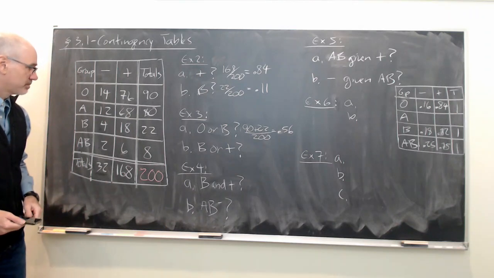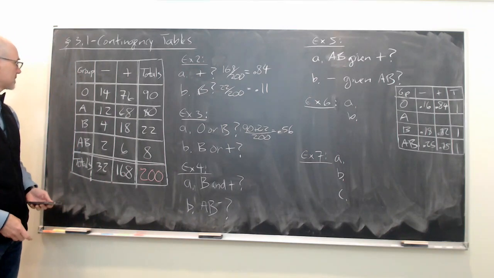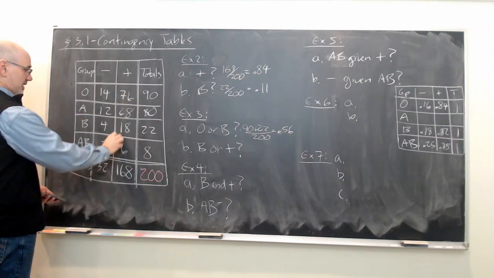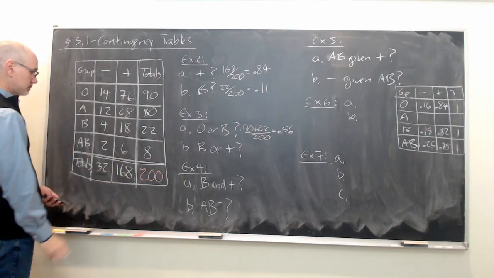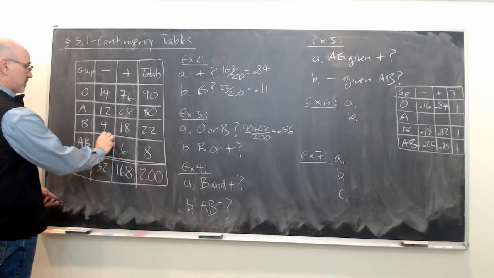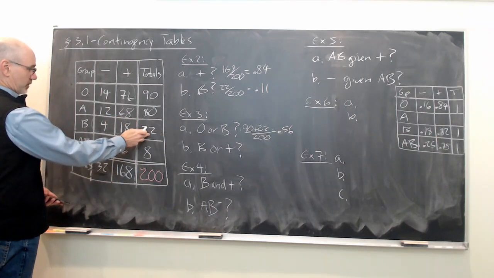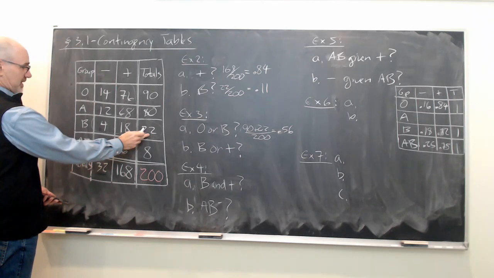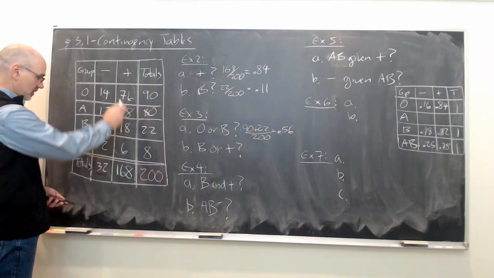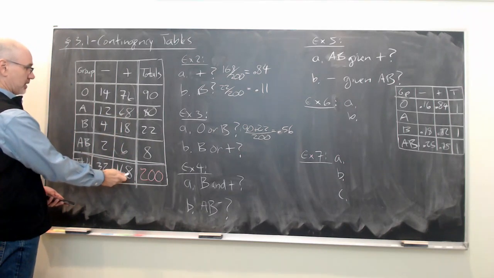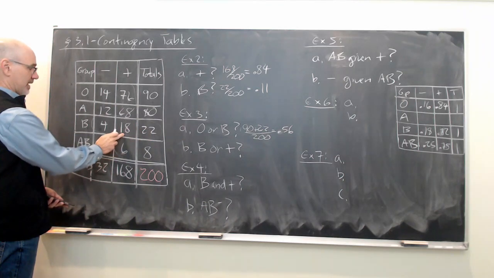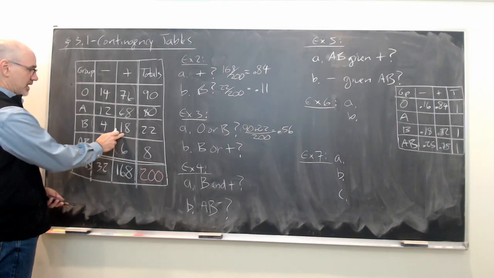Now, what about B or positive? This is where we have to be a little careful, because here are all the people that are positive. There are 168 of them. And here are all the people that have blood type B. There are 22 of them. But we can't count that 18 twice. So we have the 168 that are positive plus 22 that are type B, but we have to subtract out the 18 that we counted twice.